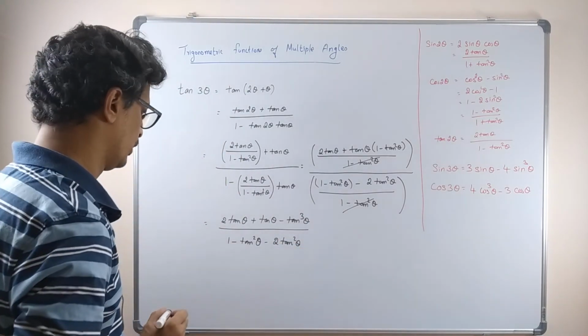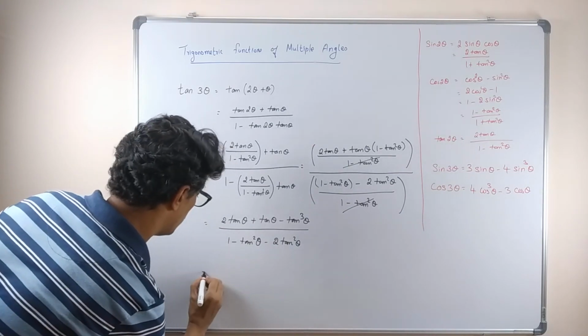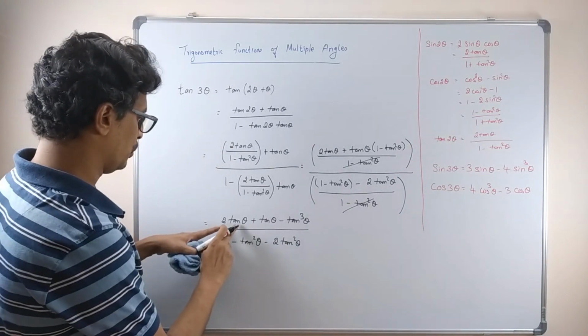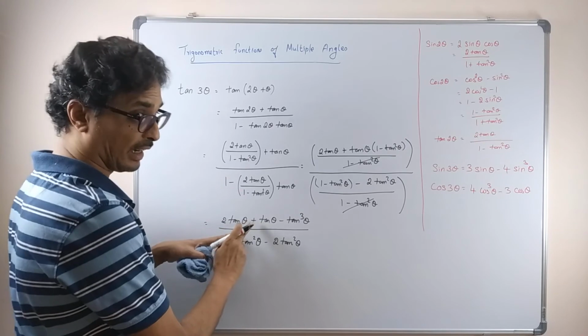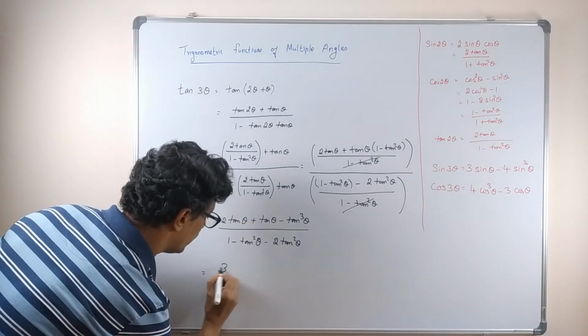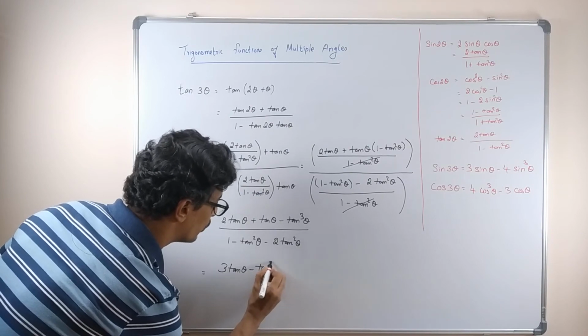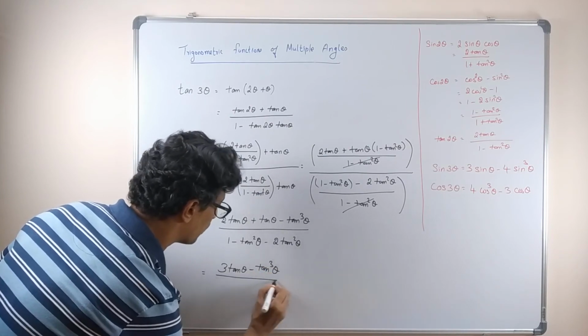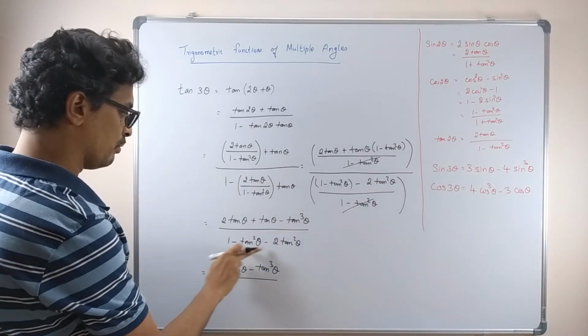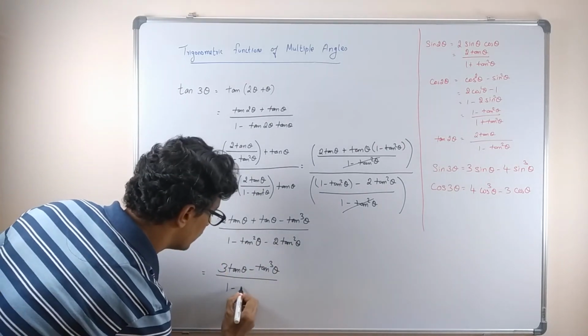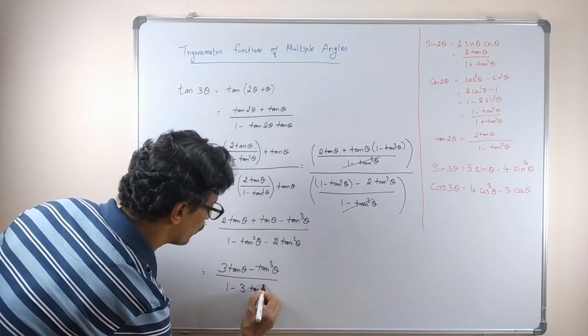The bracket we don't have to bother about. So what's the answer? 2 tan theta plus tan theta makes 3 tan theta. So 3 tan theta minus tan cube theta divided by 1 minus 3 tan square theta.